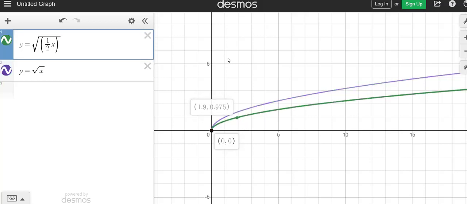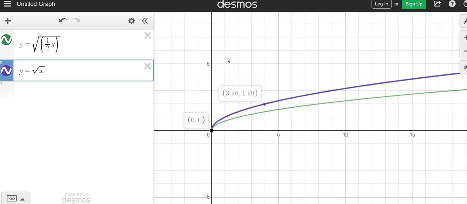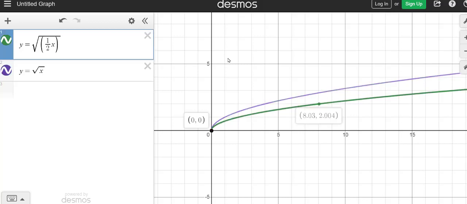The point that was on the original function at 4, 2, now that x value gets doubled to be 8. That's this point here, 8, 2.